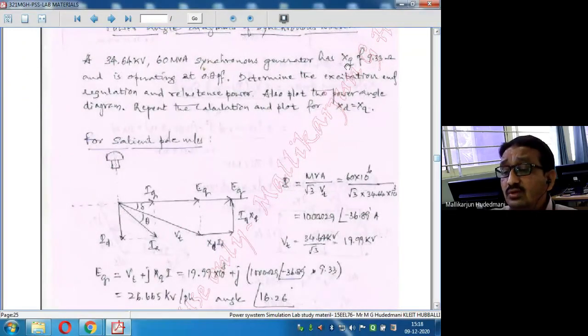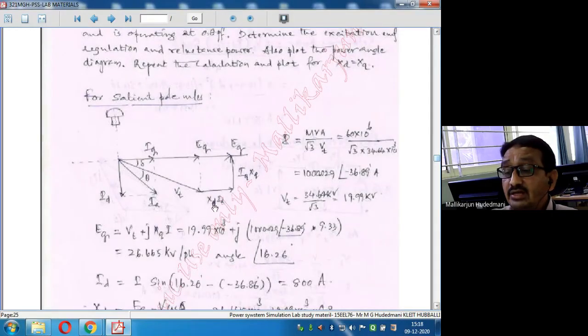Let us assume I am able to calculate Xd from the given data. Then the magnitude of Xd is known to me, the current Id is known to me, and if I take the product, it becomes a voltage. That voltage is the drop in the inductance Xd.